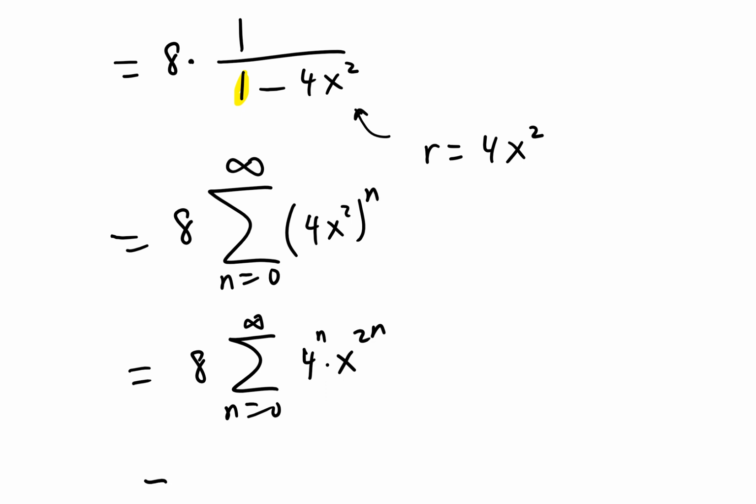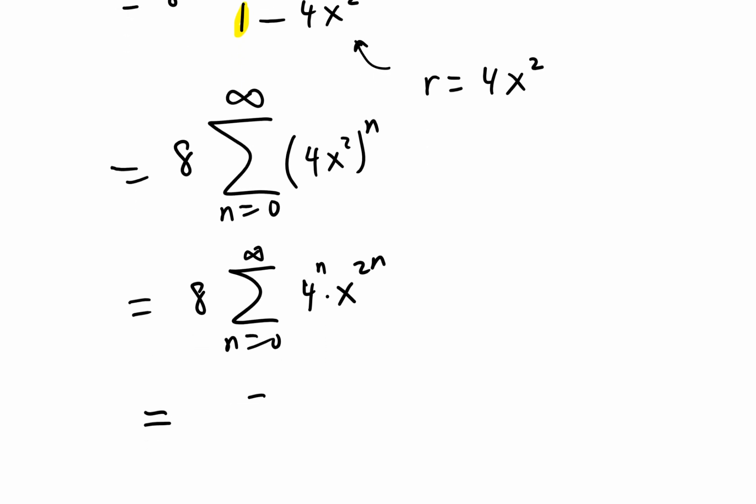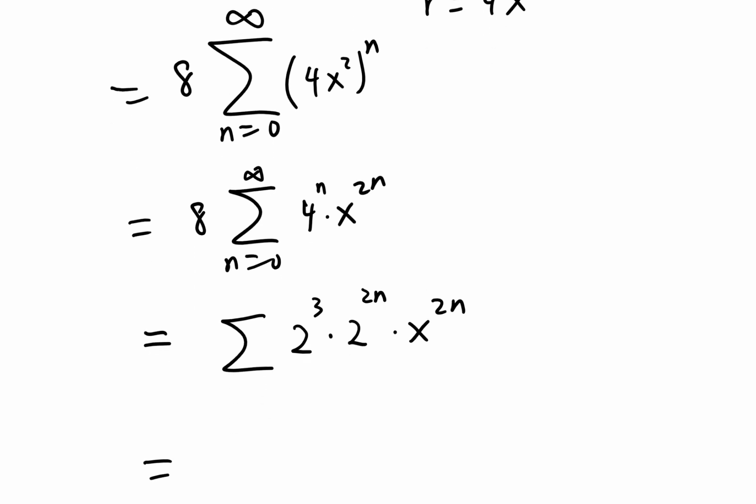And if you want to bring 8 inside, you can do so. Maybe you want to bring it as 2 to the third, and the 4 makes it 2 squared, becomes 2 to the n, x to the 2n. And then algebraically you can add the exponents there and keep everything else the same.